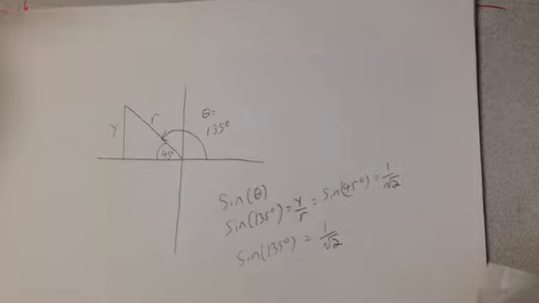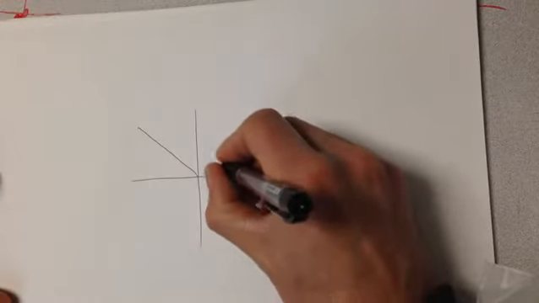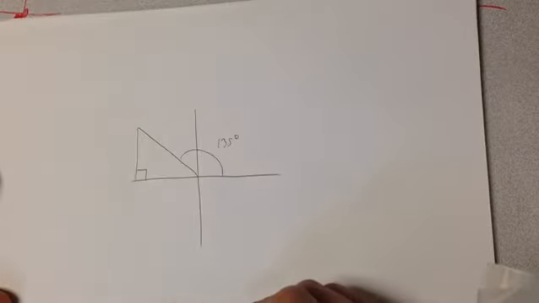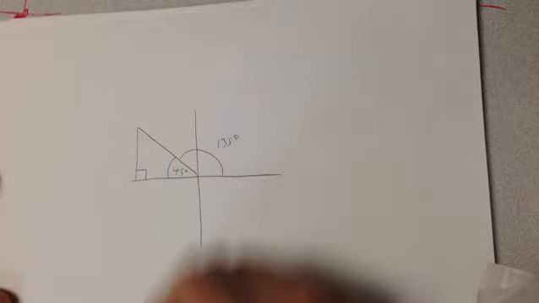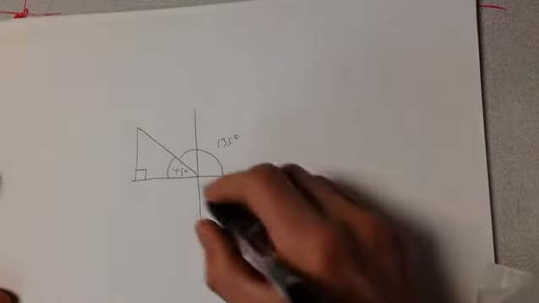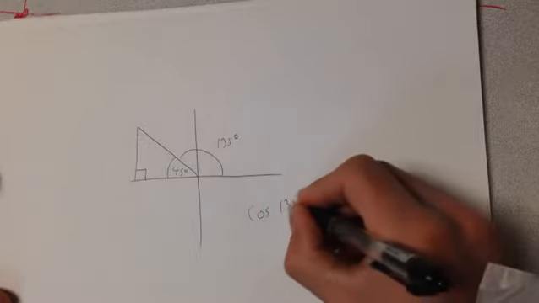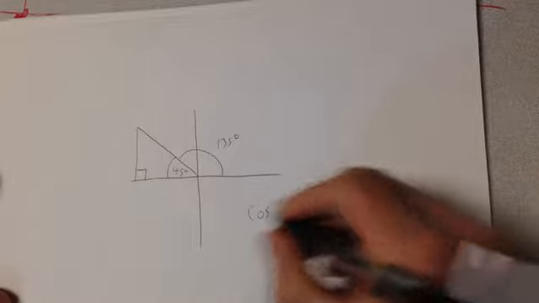Let's look again at the same angle and find its cosine. So again, the angle in question is 135 degrees. Our reference angle is 45 degrees. However, the cosine of 135 degrees is x over r.